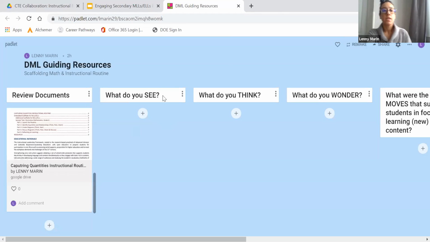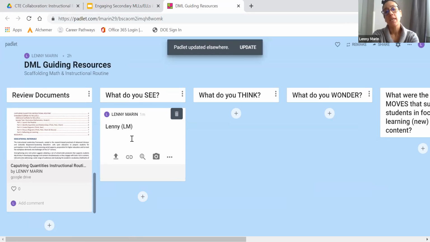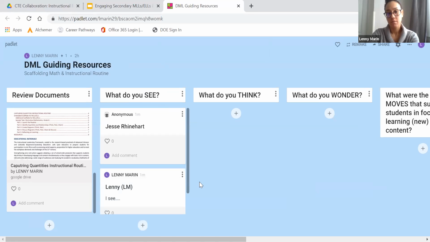Now here's where I'm going to guide you. When you see what do you see, if you haven't used the Padlet before, but even if you have, I do want you to pay attention to this bit. For the title, I would really love it if you can put your name or your initials, whatever you feel comfortable with. And then in the write something is where I want you to type I see, and then post it.